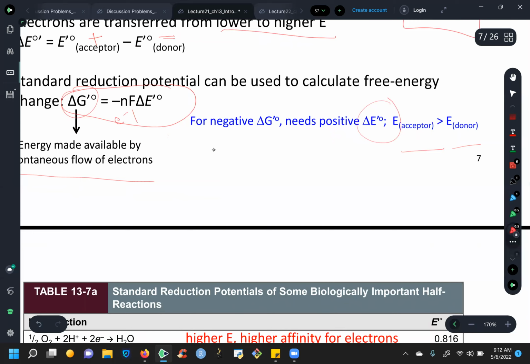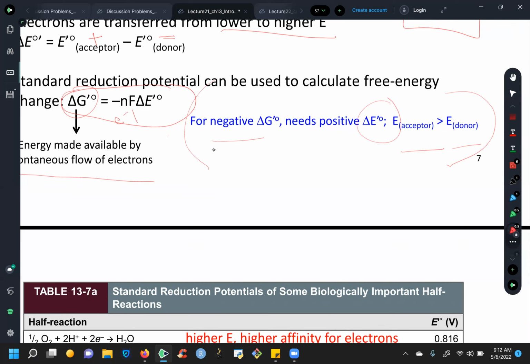Then you get a negative delta G and the reaction will be favorable, moving in the positive direction to the right. I feel like this might be in a multiple choice question, because Maria likes to add little things like this. I don't know if you guys have noticed.